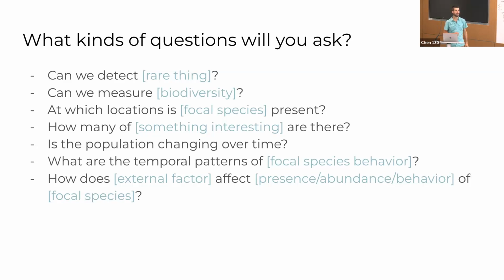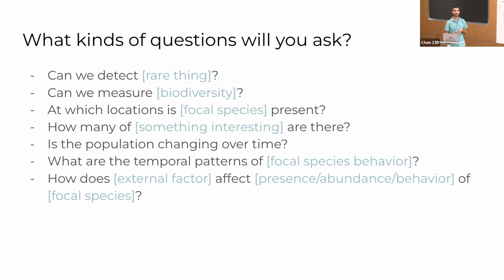Thinking about our model in terms of precision and recall, or the metrics we've talked about, you can imagine that 'can we detect a rare thing' has a very different requirement for precision and recall than 'how does some external factor affect the presence of our species.' There are scenarios where we need really high recall, and we need to know that every time something was around, we actually captured it.